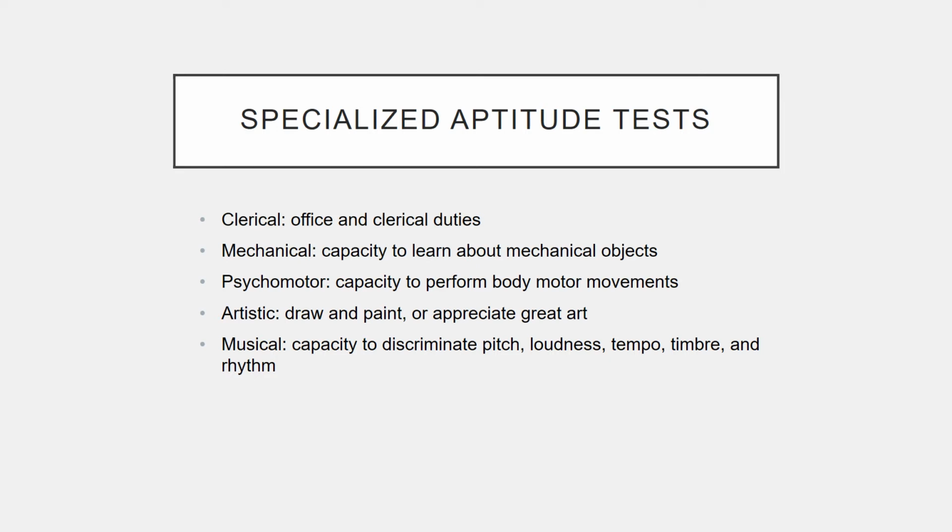So then there is psychomotor, so your ability to perform and use fine motor skills, which is a little different than mechanical, because mechanical ability is more about how to operate and use physical tools. Psychomotor is more about actually using your hands or your fingers to perform certain tasks.